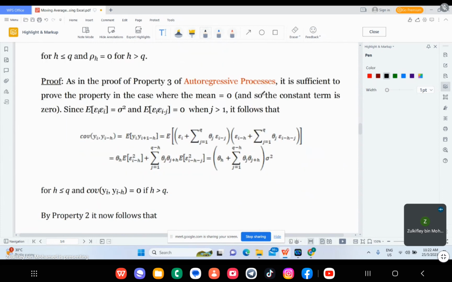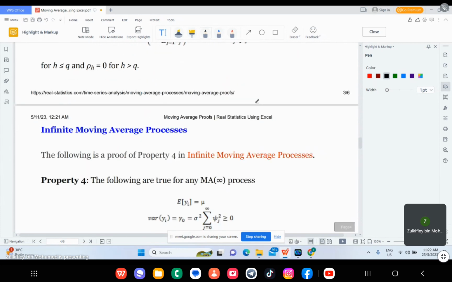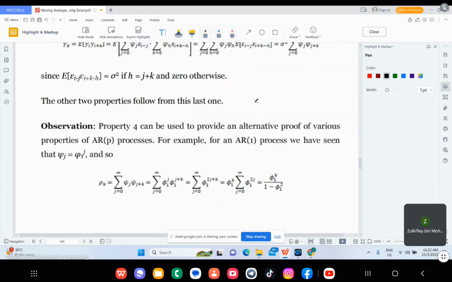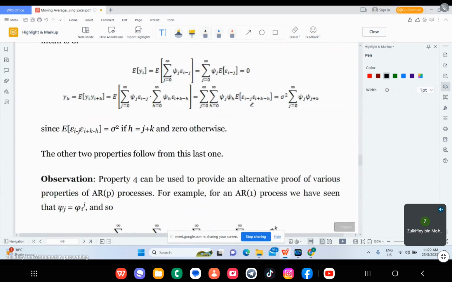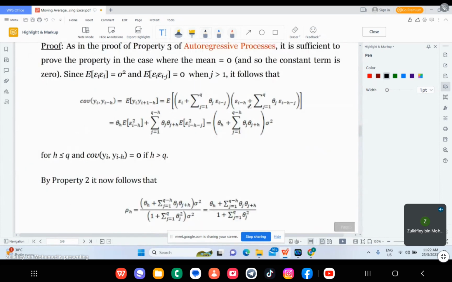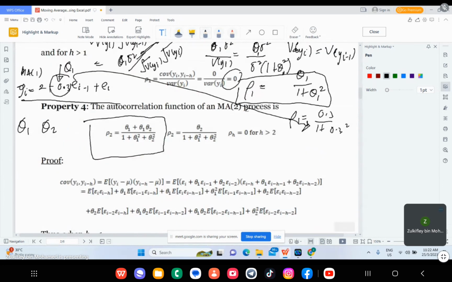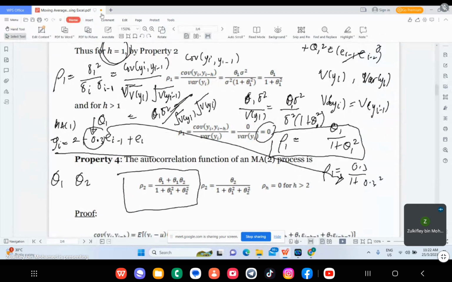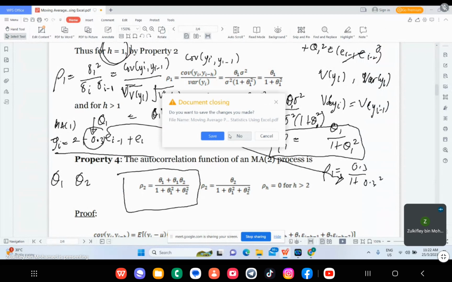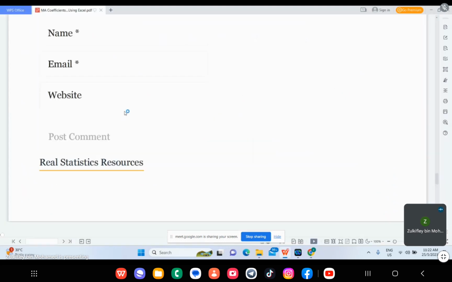This is rho H. Okay, rho H. Tak apalah, so basically we know the autocorrelation function for MA1 and MA2. Now proof ni kita stop dulu. Jadi kita akan balik kepada proof dia. Kita pergi kepada this one.